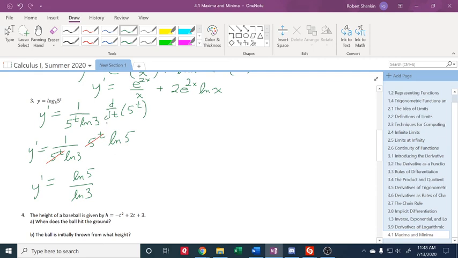Now, we didn't have to do it this complicated. If we'd used a property of logarithms, we could have written the original problem this way. This t comes out front. It's property 3 of logarithms.